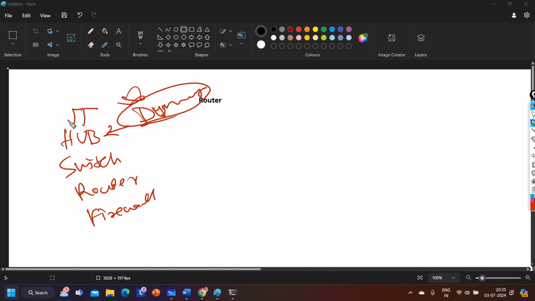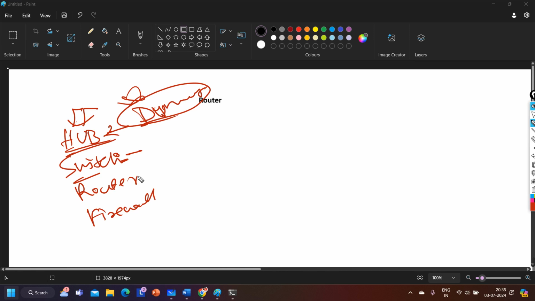Always does broadcast. Now switch. Switch is a layer 2 device which is used to connect multiple end devices together. Switch maintains a MAC address table to forward traffic. Whenever a switch receives traffic on its interface, it learns the source MAC address, and on the basis of the destination MAC address, the switch takes a forwarding decision.